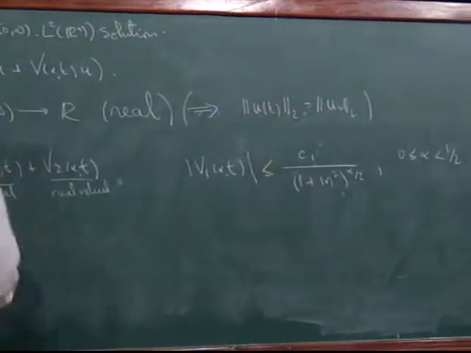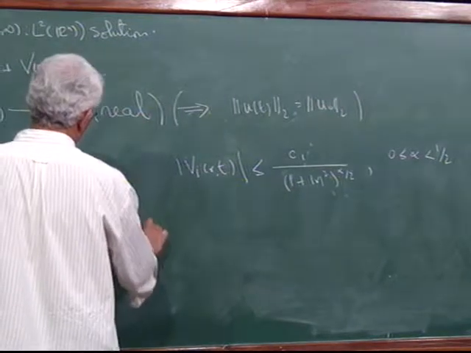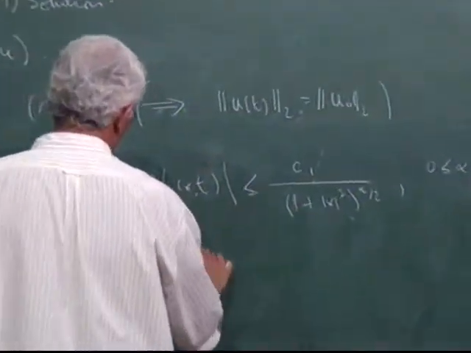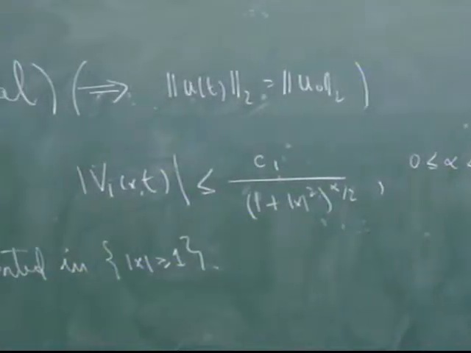Suppose that B2 is supported outside the unit ball for all t.